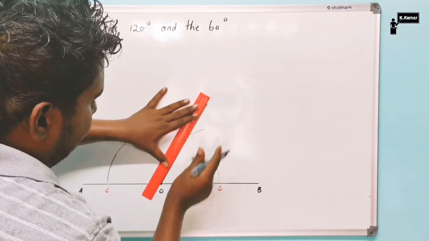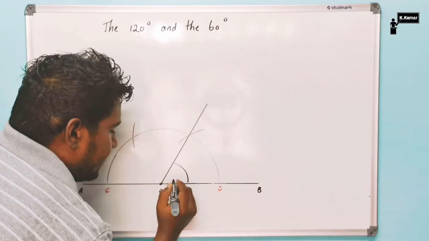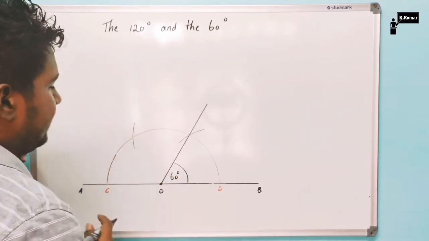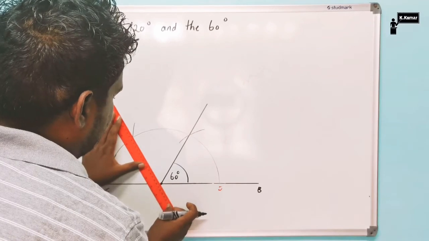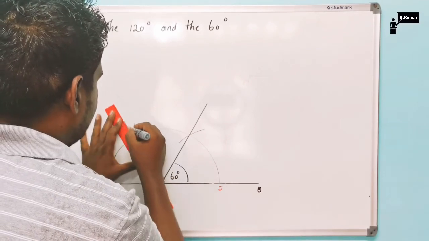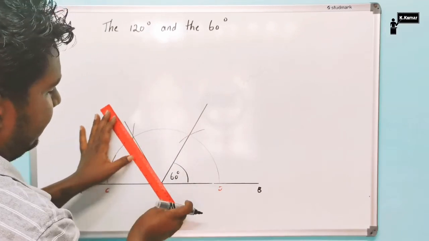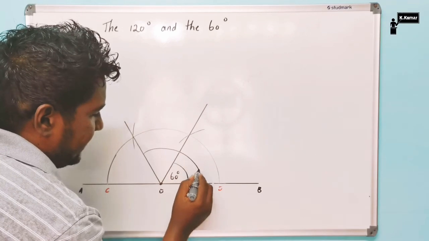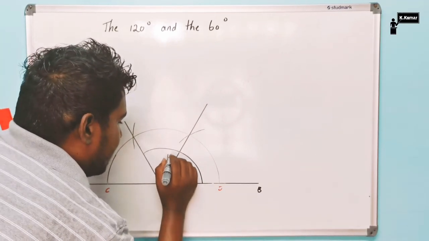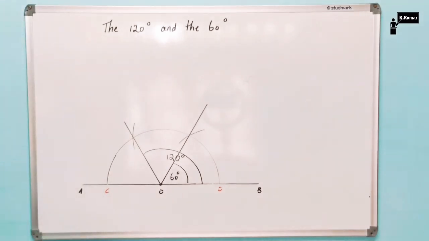This angle here is a 60-degree angle, and from our second scribe coming to the point O, the angle formed there, I'm going to just draw it bigger on the outside. It's 120 degrees.